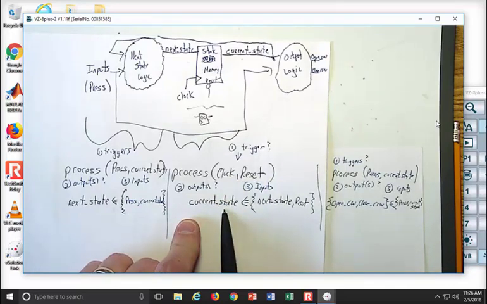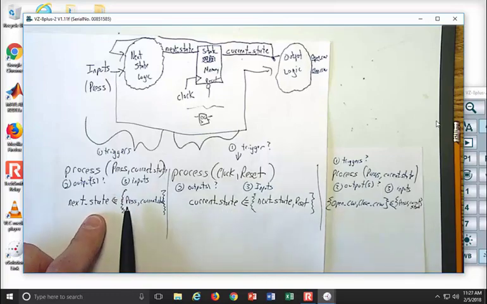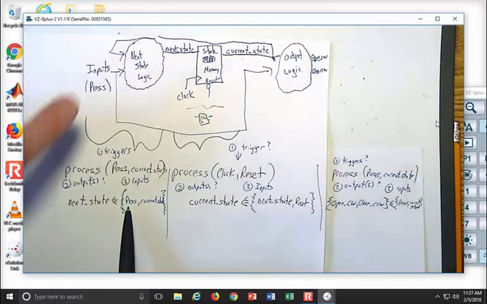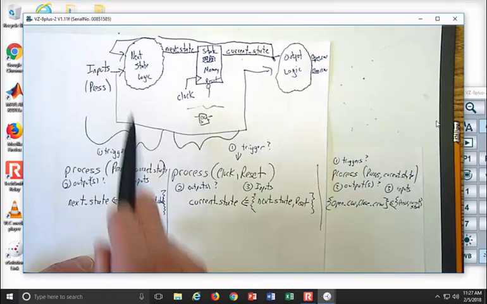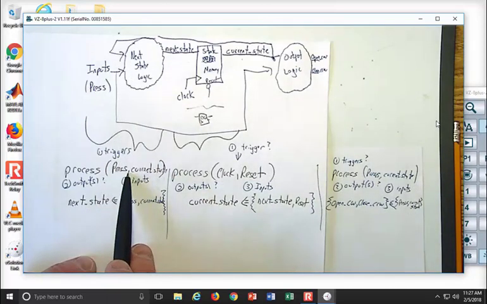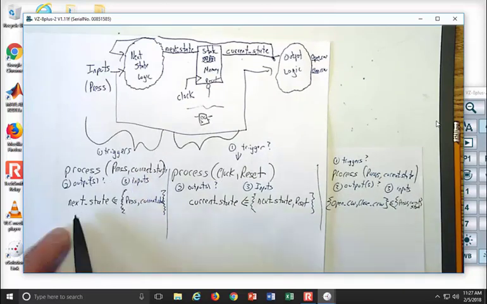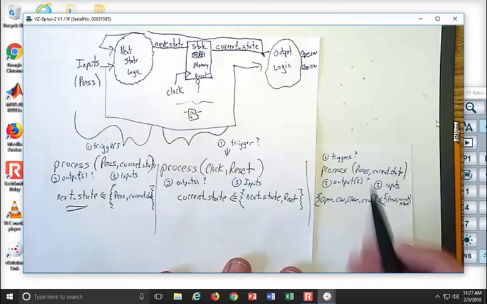The other process is called next state logic. It is a combinational logic process, meaning that we list all the inputs in the sensitivity list. We do not list clock and reset, but we do list current state and any inputs it looks at, almost always all the inputs to the system. And it assigns to next state. That's its only output.